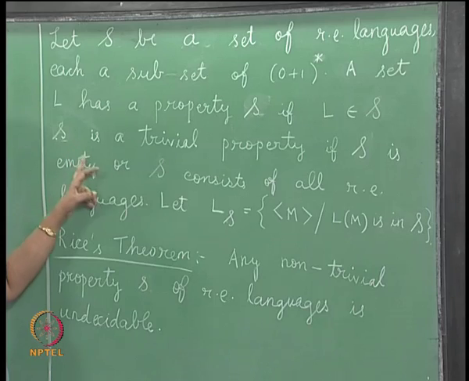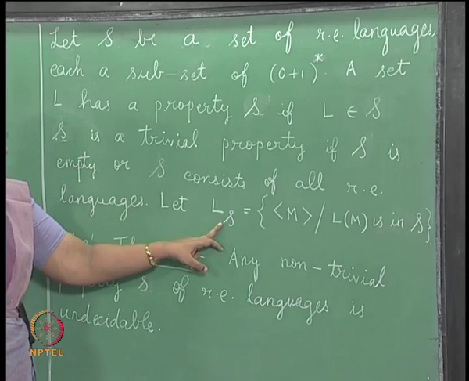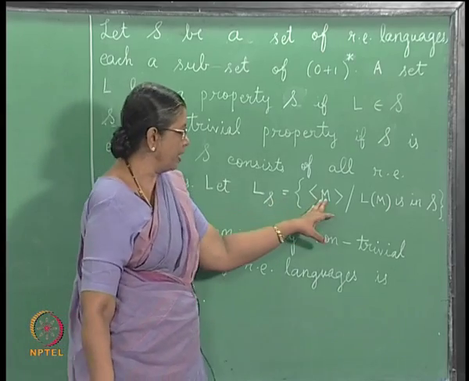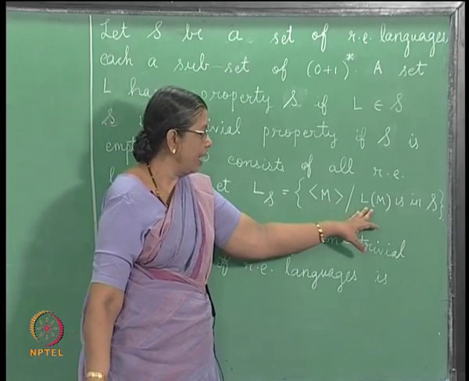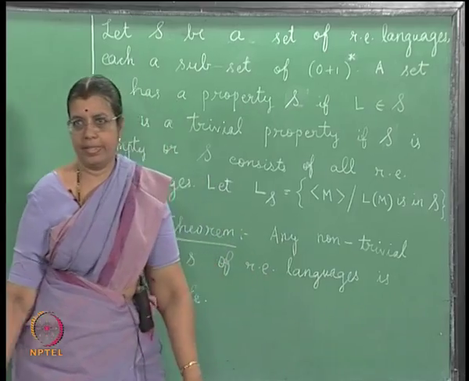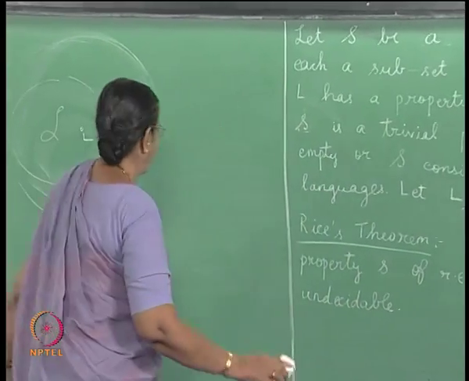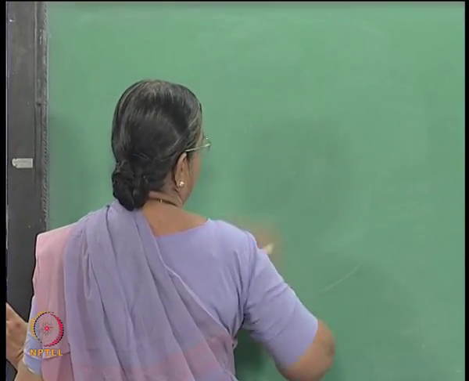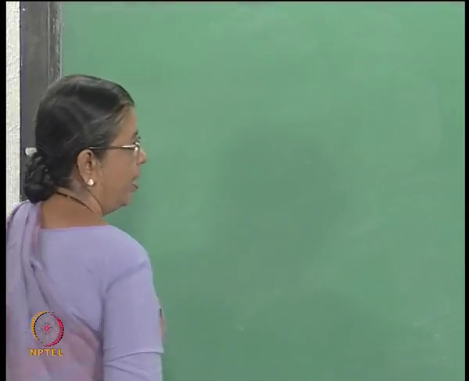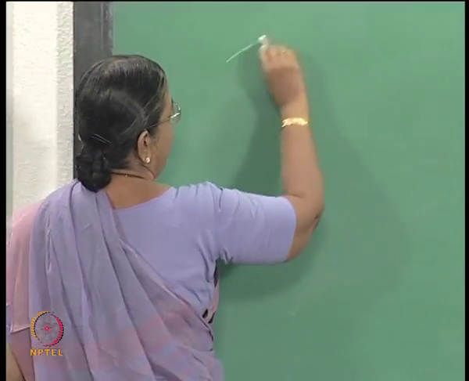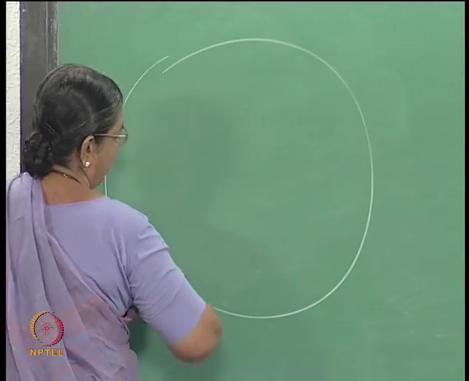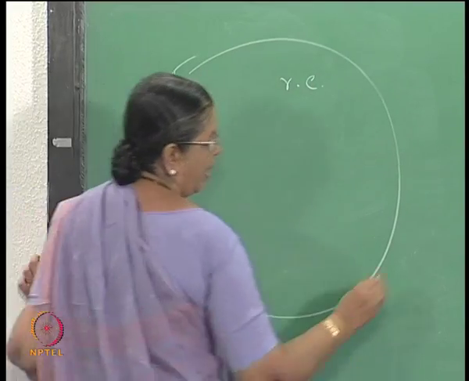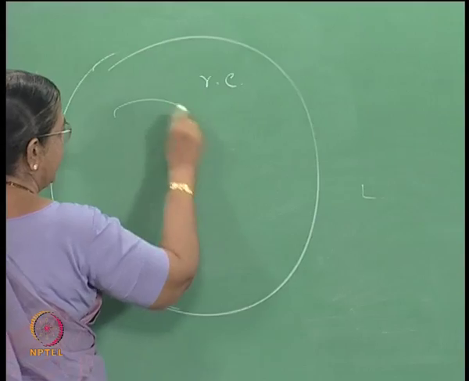So, L_S, the language representation for S, is the set of encodings of Turing machines M such that L(M) is in S. RE languages are this, S is a subset of that.